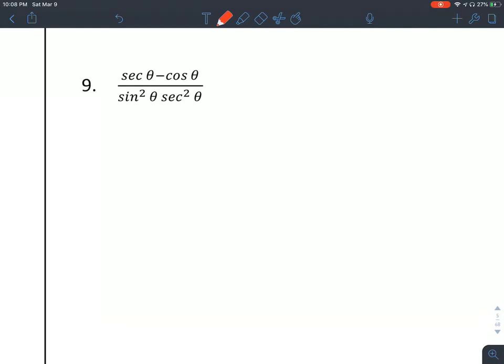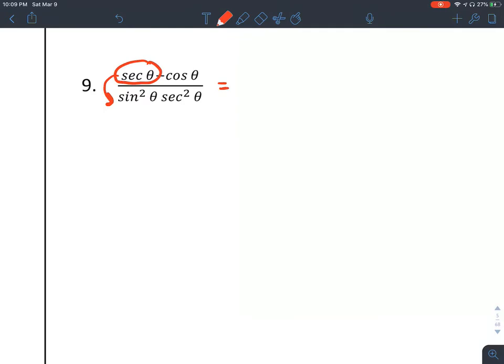We could attack this with Pythagorean identities since the bottom has squareds in it. But I'm going to change this to terms of sine and cosine. Okay, so here's something I cannot do. I cannot take this and throw it on the bottom as cosine.